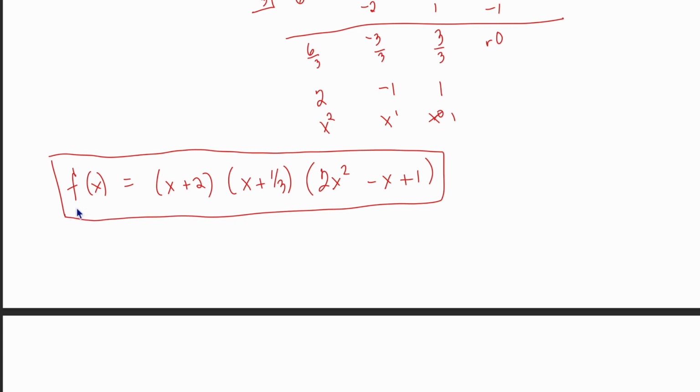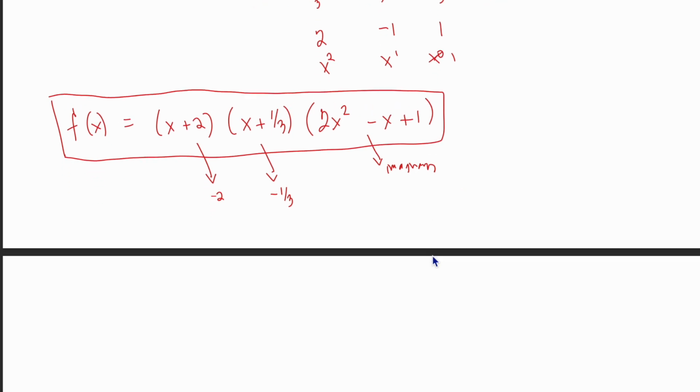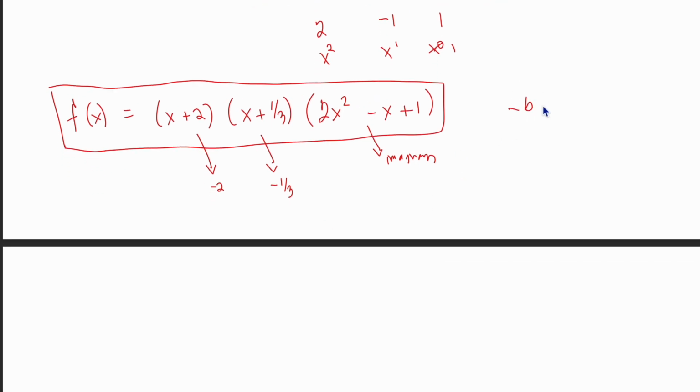Now, the question is, since alam na natin na yung isang root is negative 2 at yung isang root is negative 1/3, ano naman yung imaginary roots nito? Okay? Using the quadratic formula, negative b plus or minus the square root of b squared minus 4ac over 2a. So, x now equals, what is our a here? 2.